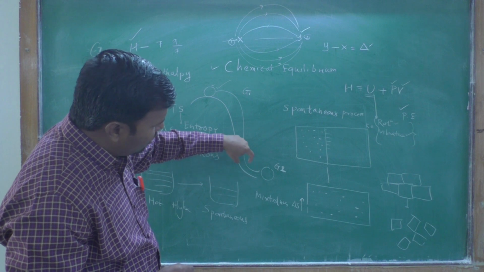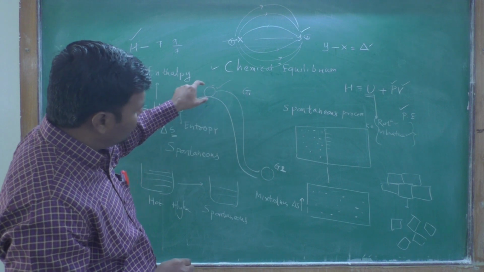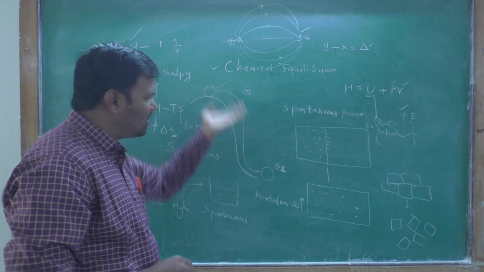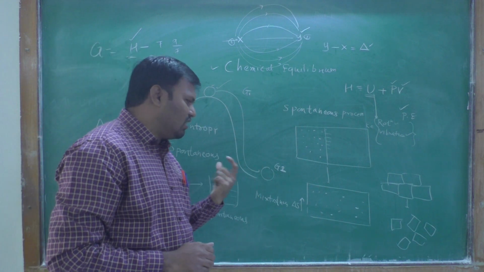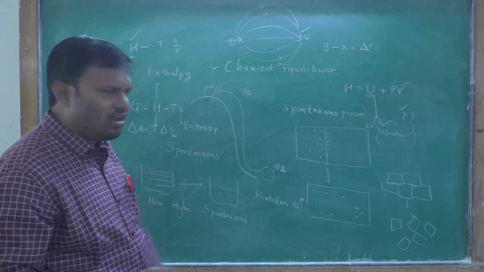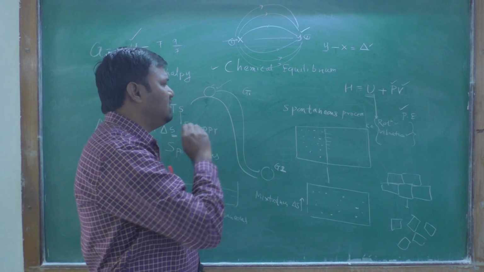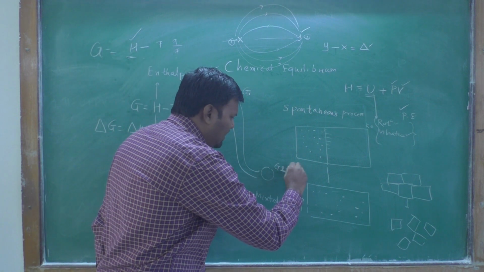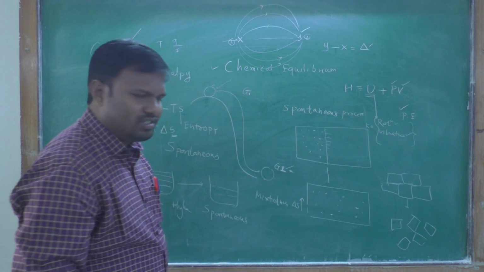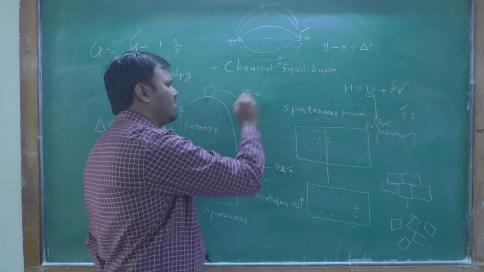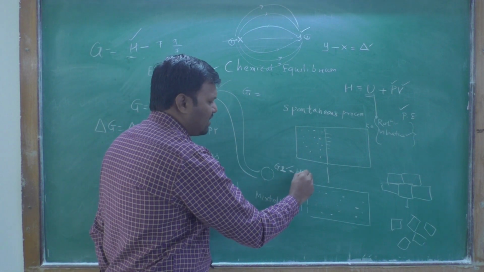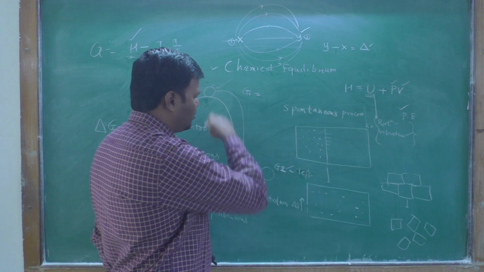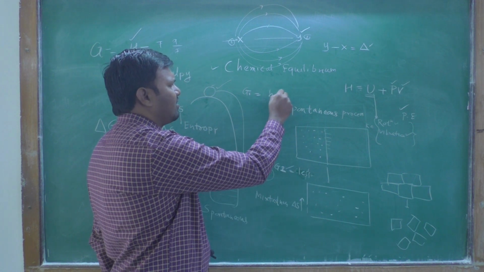If you roll this ball towards the uphill side, then it is not possible. It is not spontaneous. Some energy you have to give to this ball. Therefore, the energy of the final state is less, because its potential energy decreases and it was higher.